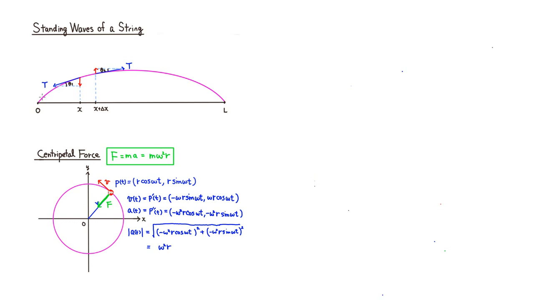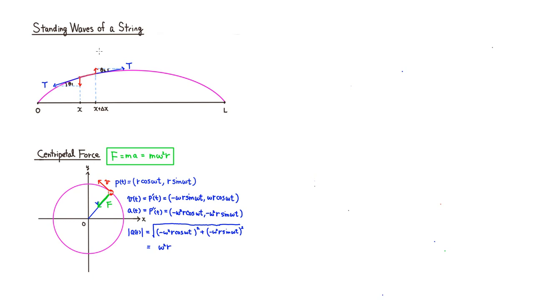Let's go back to the standing wave of a string. This purple curve is a string, and we're going to assume that the tension on the string is uniform throughout, so it's the same tension everywhere. Then we're going to focus on just a small piece of length delta x. We're looking at just one piece right here, a small piece.